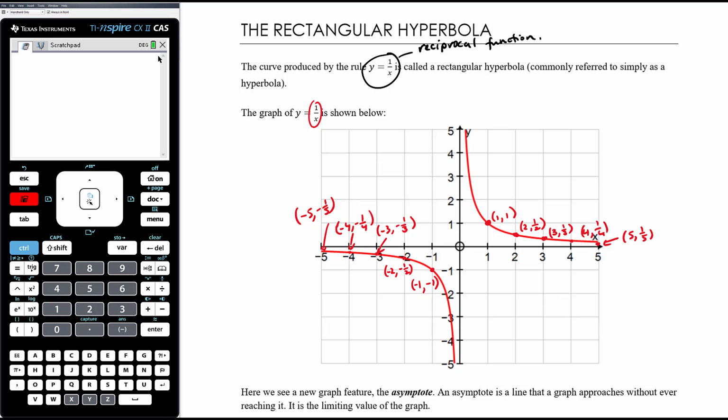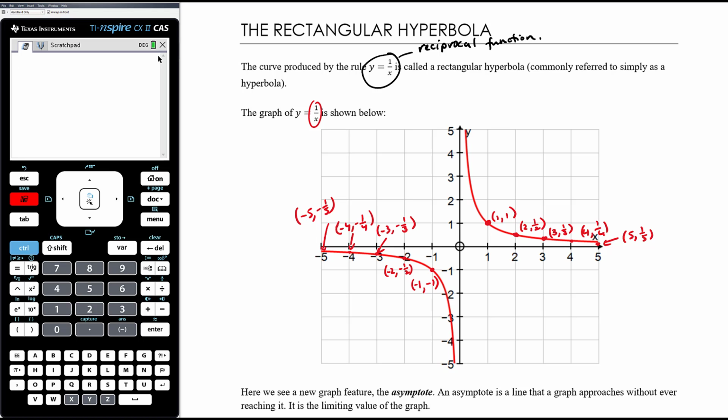Again, as we get more and more negative, even at negative 100,000, 1 over negative 100,000 is a very, very small negative number, but it's still not 0. So as we head out this way, the graph is going to get closer and closer to the x-axis, but it's never actually going to reach it.